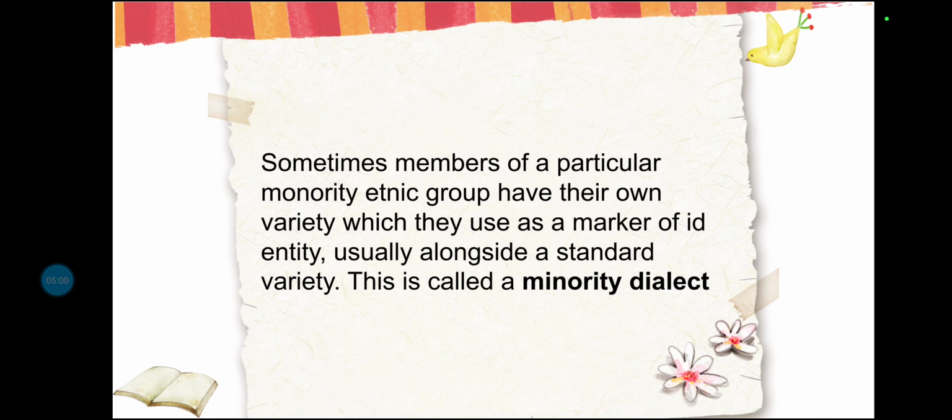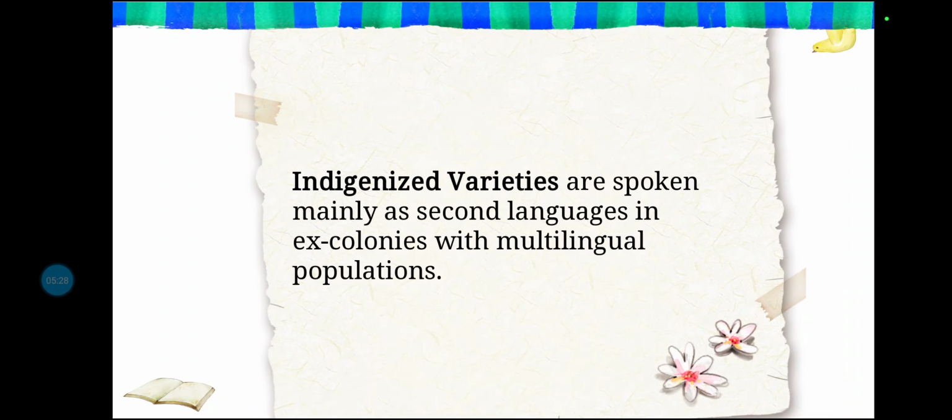That's already a minority dialect. Like for Bicolano, they have different kinds of Bicolano. We have Central Bicolano, we have Albay Bicolano. So we have different kinds of dialects which are under a regional dialect. That's what we call minority dialect.